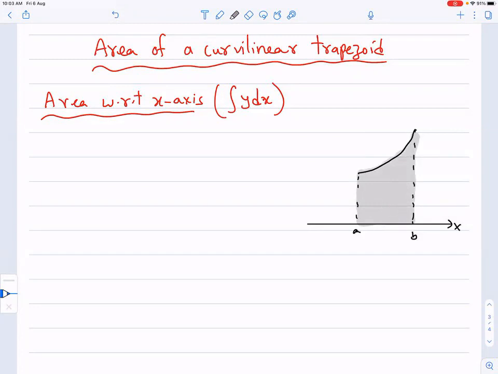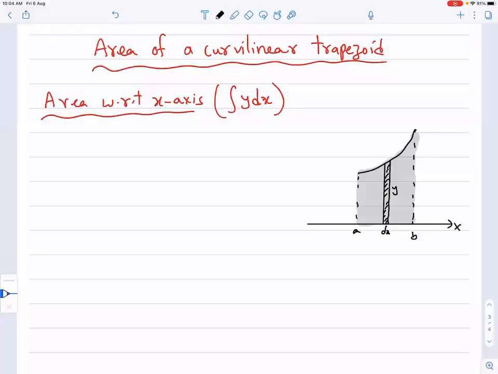This is nothing but, if I take a small rectangular portion of width dx, and here this is the y value of it, then y dx is the area of that portion, and if I integrate from A to B, that is my area.